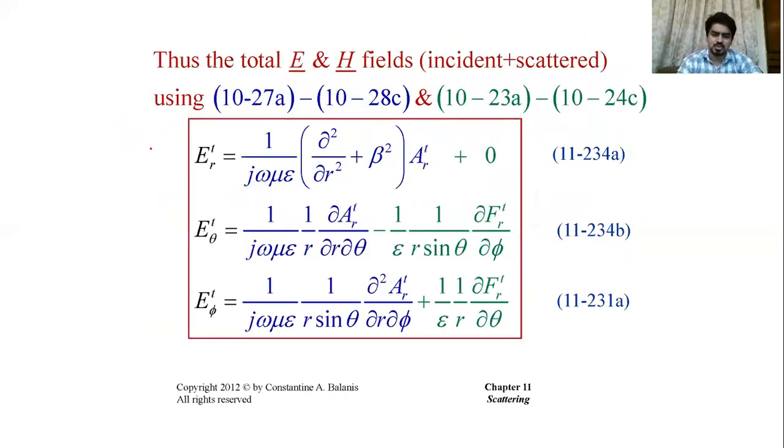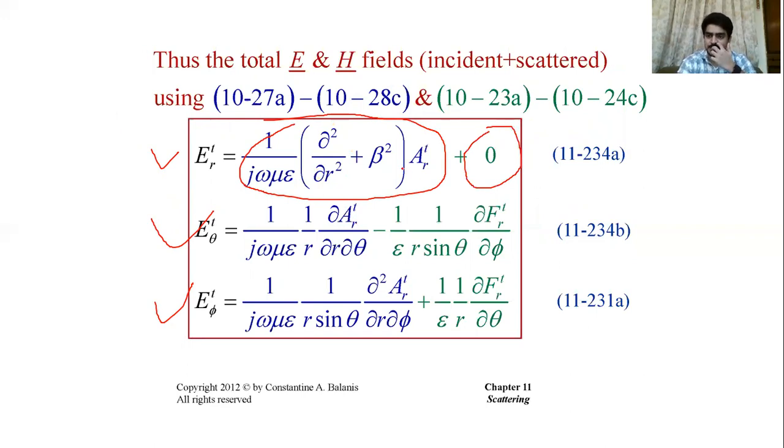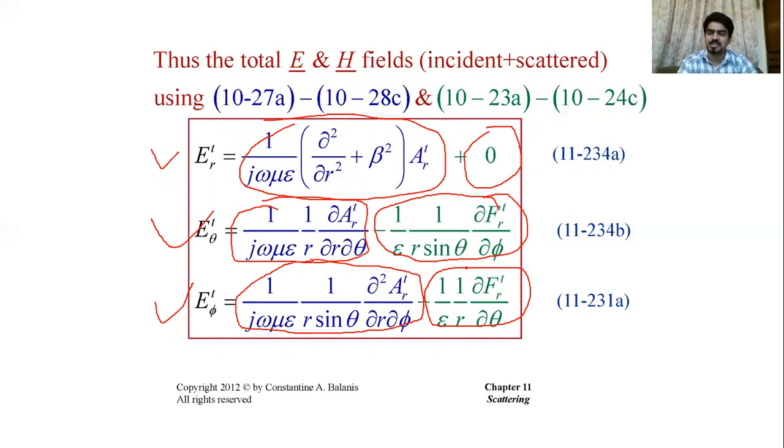These are the total E_r, E theta and E phi components, where one contribution comes from the A_r component and the other from F. A_r is basically your TM to r, and this is from TE to r. Since it's TE to r, your E_r component is going to be 0, obviously. So this green portion of the equations is from the TE to r or F potential, and this blue portion is from the A_r potential or TM to r mode.